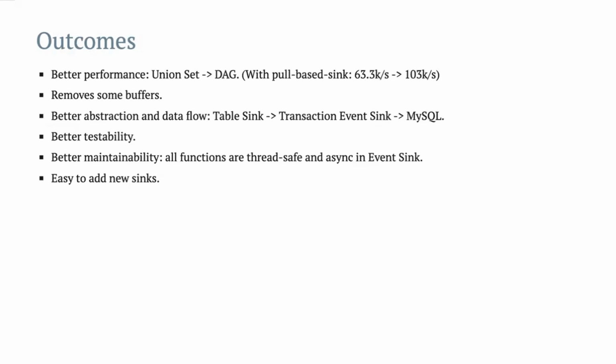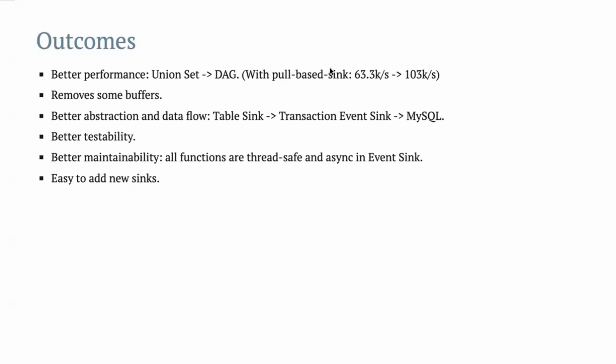Thank you guys. All right, let's talk about the outcomes of this project. Firstly, we were able to improve the performance of MySQL sync by replacing the union set with a DAG. This results in a significant improvement in the sync's performance.